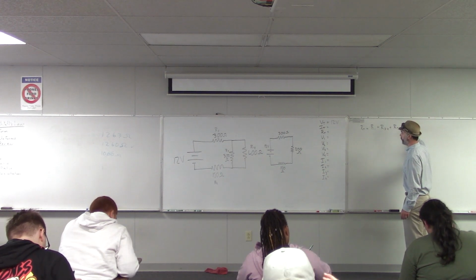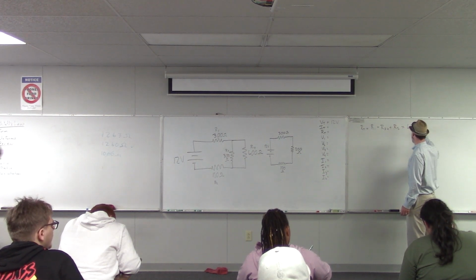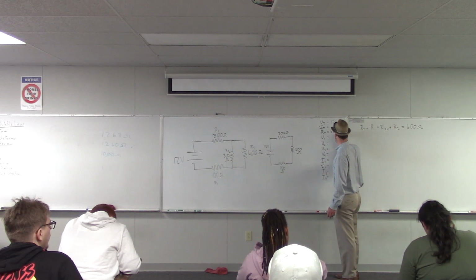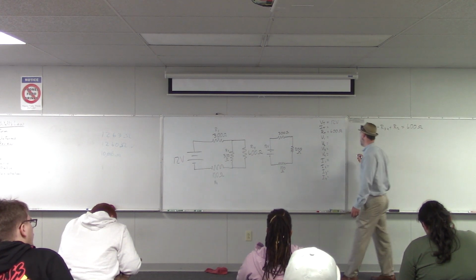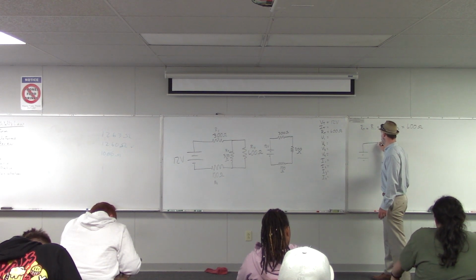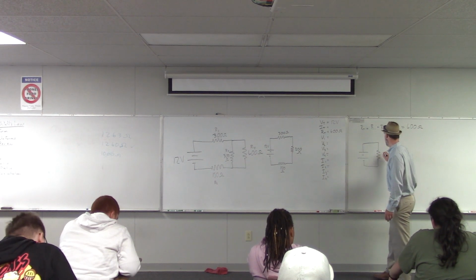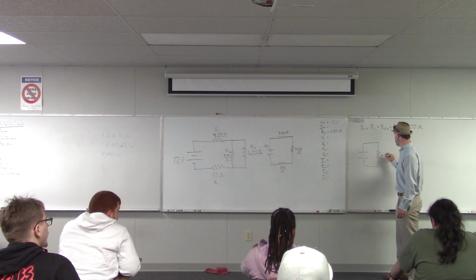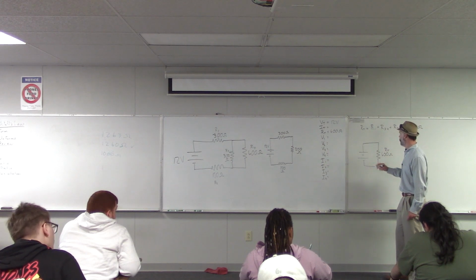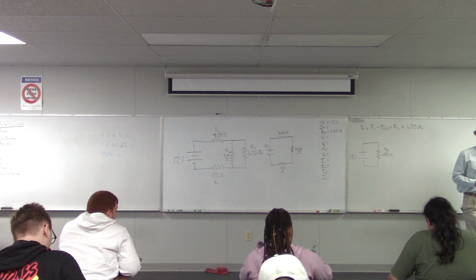That is 100 plus 200 plus 300, which comes out to be 600 ohms. So that's our total resistance, and we could redraw this circuit with just that single total equivalent resistance. Any questions about that?